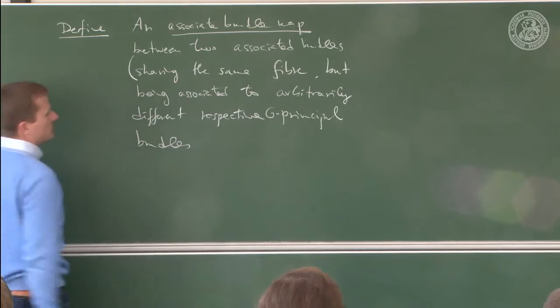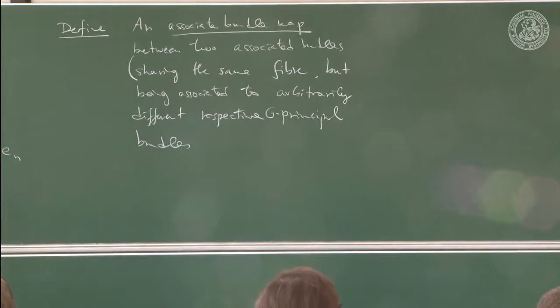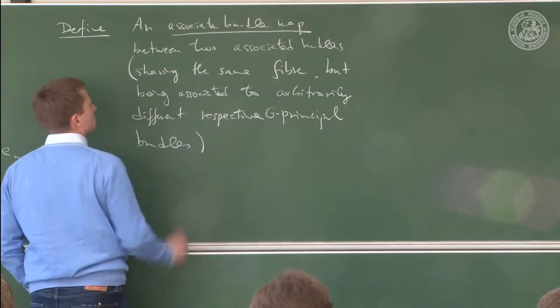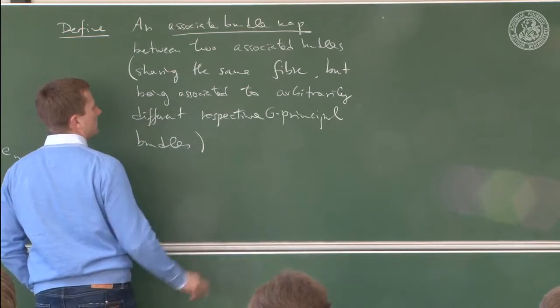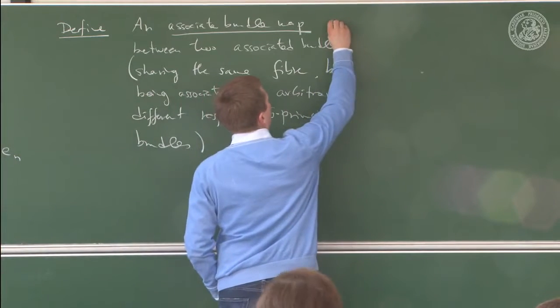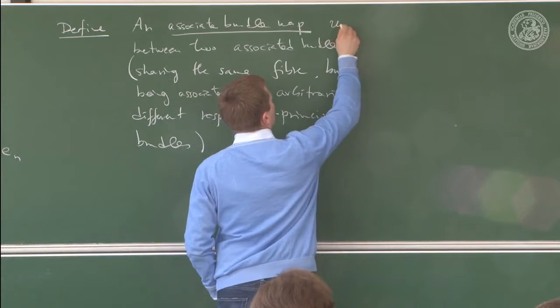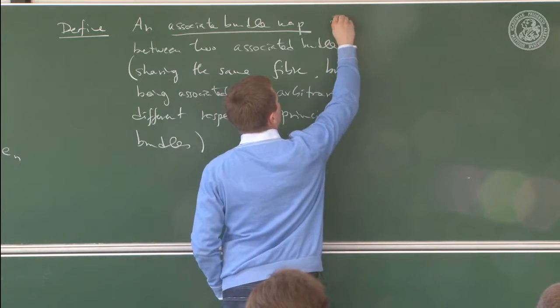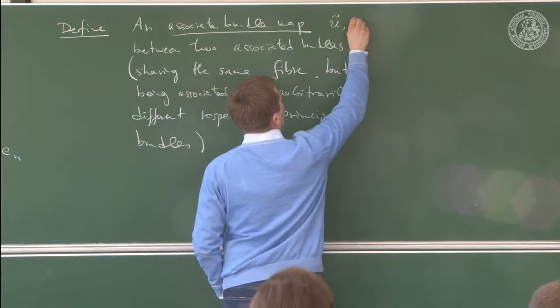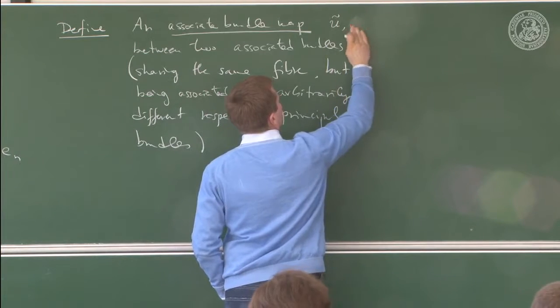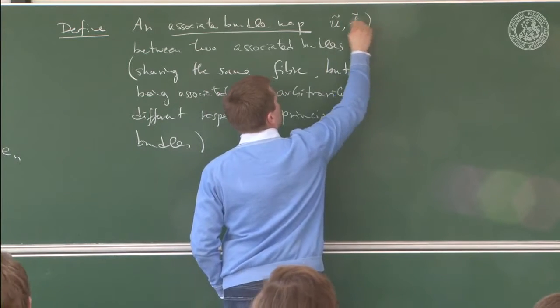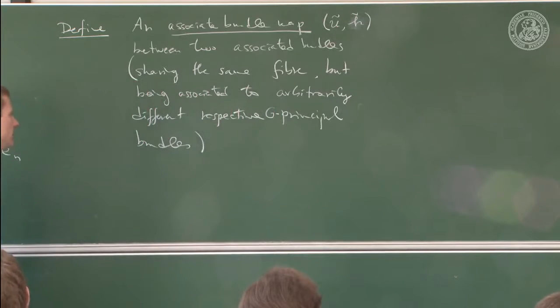So both principal bundles also share the same group. An associated bundle map, let's call it U twiddle, H twiddle.